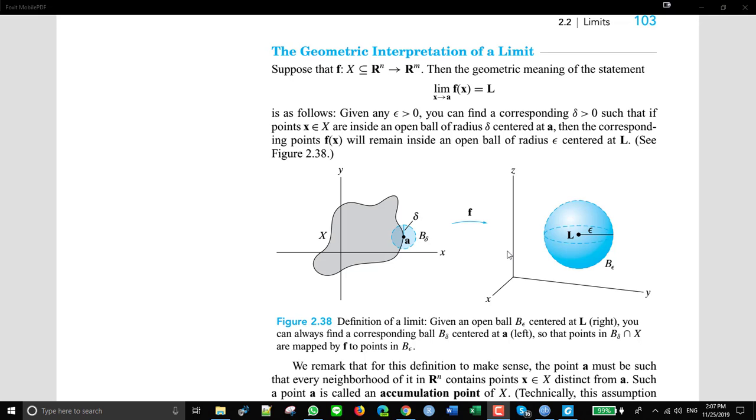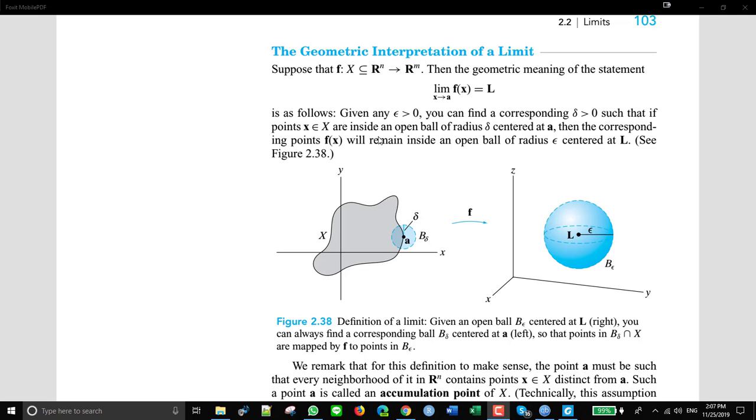So we want to say that the limit of f as x gets close to a is equal to L. Okay, so we're going to picture this in 3 dimensions, but we're not really restricted to 3 dimensions. We can have n and m, but let's do it in 3 dimensions.